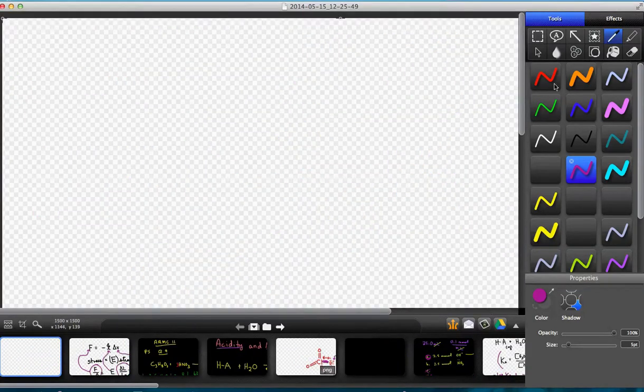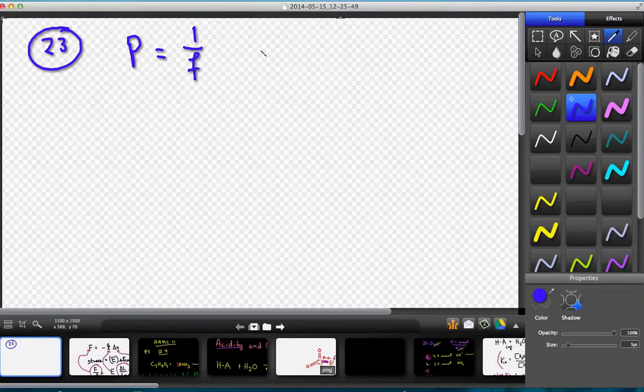So 23 has nothing to do with the passage whatsoever. Lenses. All right, we are given the formula for power in diopters is 1 over F, where F is the focal length. The focal length must be converted to meters, and we are given that the focal length is 2 centimeters.